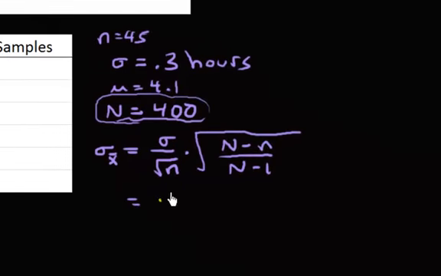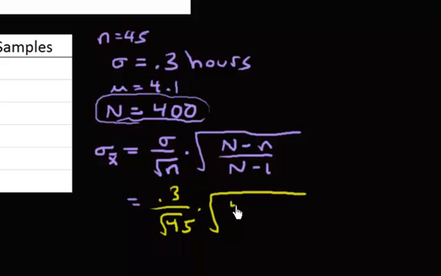Sigma is 0.3 over root n, so that's over root 45. Then we have 400 minus 45 over 400 minus 1. And then you'd put all of this into your calculator.